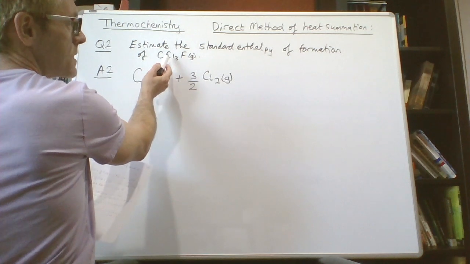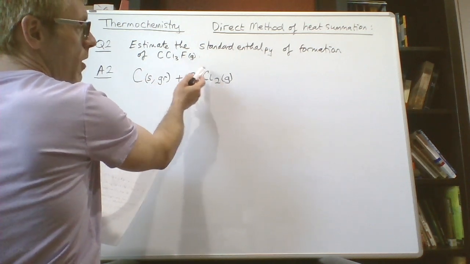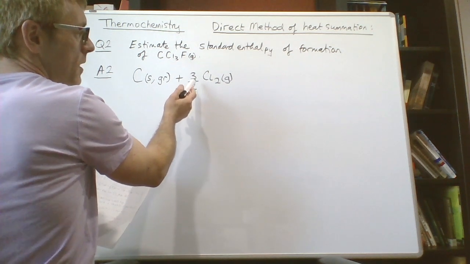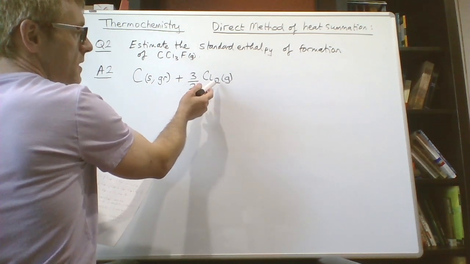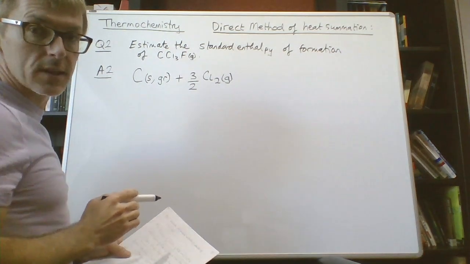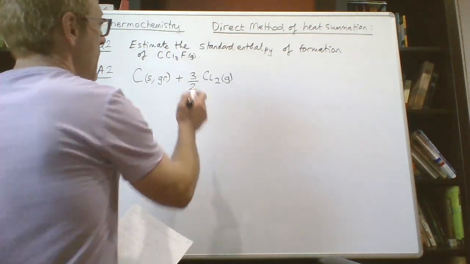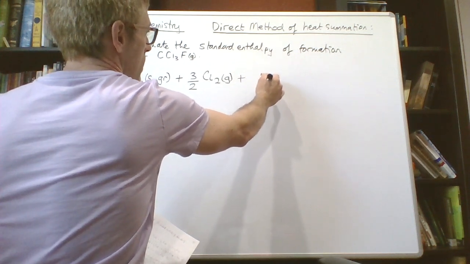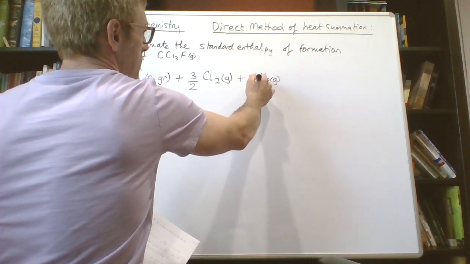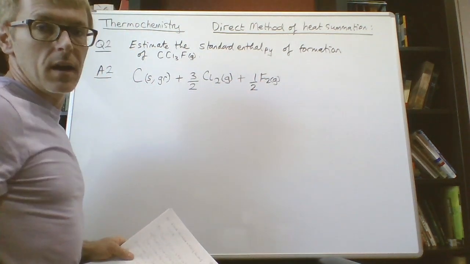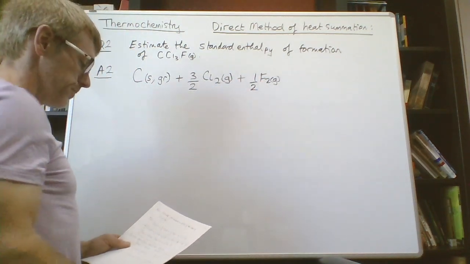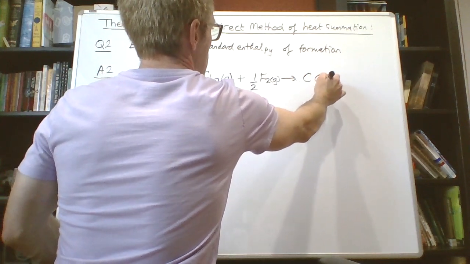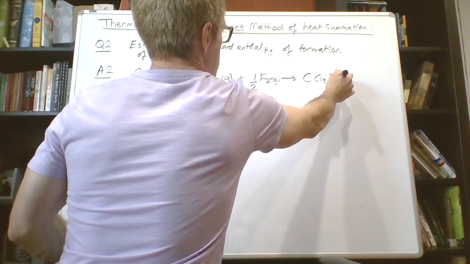Notice I only have 3 Cl's, but it comes in packets of 2 Cl's. So if I have 3 halves, I have 2 3s are 6, divided by 2 is 3 Cl's, so that's why it's 3/2 Cl. I only need 1 F, but it comes as a packet of F2. So I need a half a mole's worth of F2. And this will give me CCl3F in the gaseous phase.